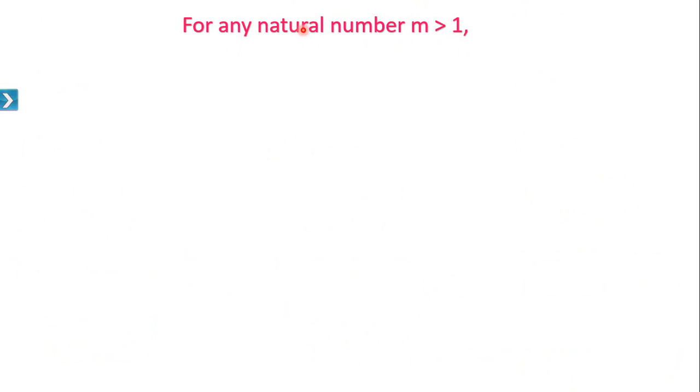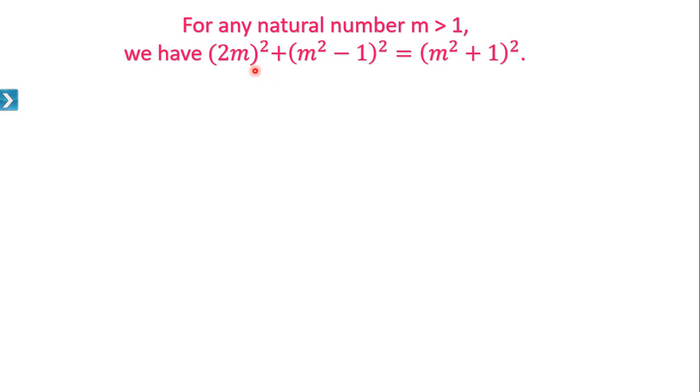So, for any natural number m greater than 1, we have (2m) whole square plus (m square minus 1) whole square is equal to (m square plus 1) whole square.